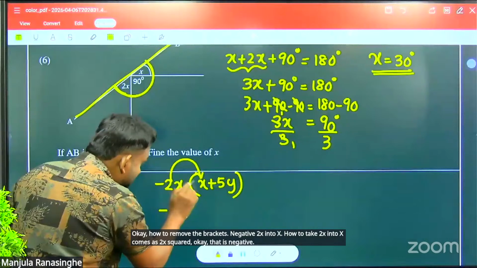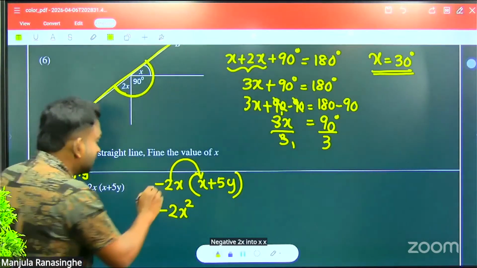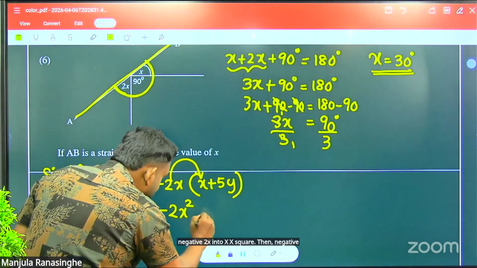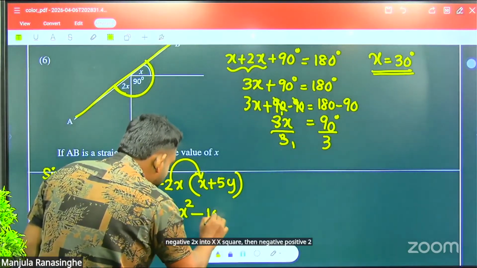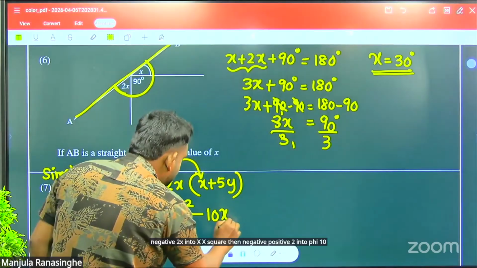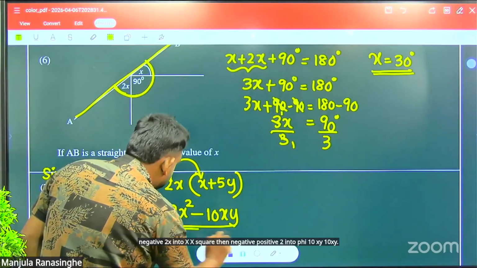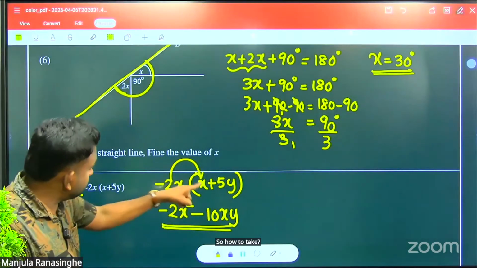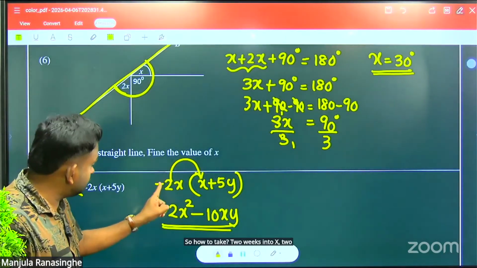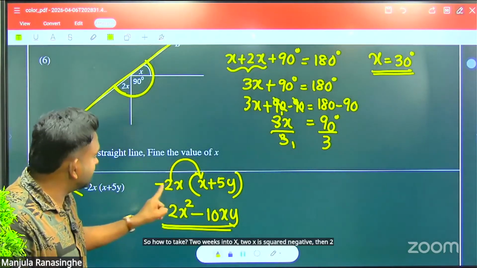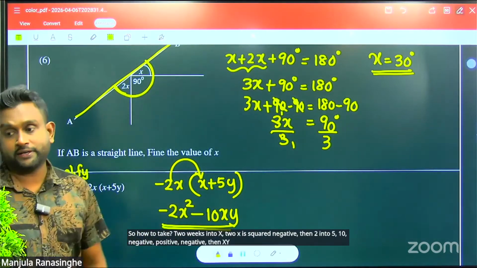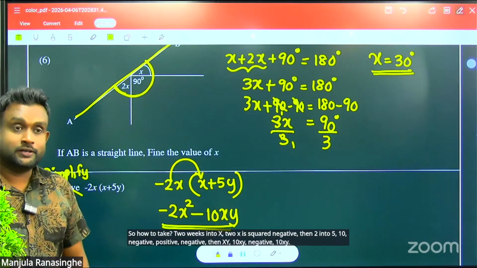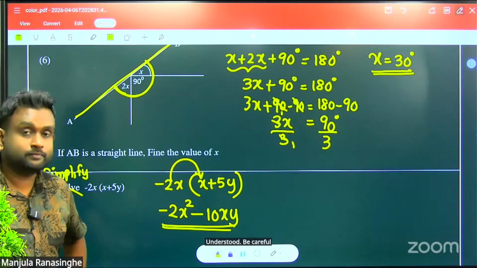Then negative, positive, negative: 2 into 5 is 10xy, negative 10xy. Understood? Be careful with the sign.